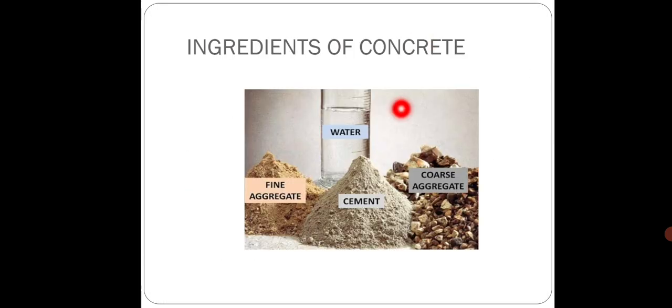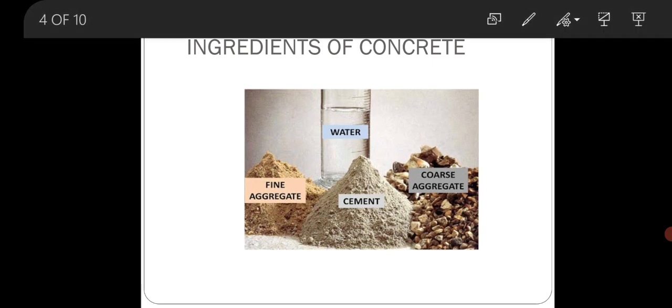So, the main ingredients of concrete are cement, water, fine aggregate and coarse aggregate. Fine aggregate is, as you know, your sand, and coarse aggregate is nothing but the gravel or the crushed stone. And sometimes we will use chemical admixtures.